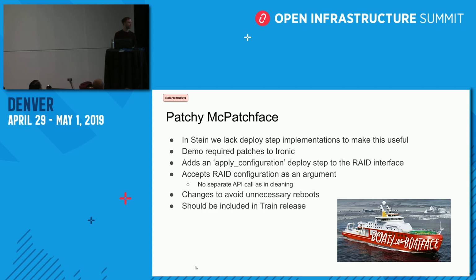So I patched the service, and that added support to the DRAC interface in Ironic to do a RAID deploy step. One of the changes from the cleaning step here is that we don't have a separate API call to set the RAID config. We're doing it all through the step.